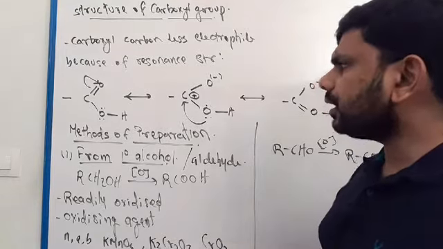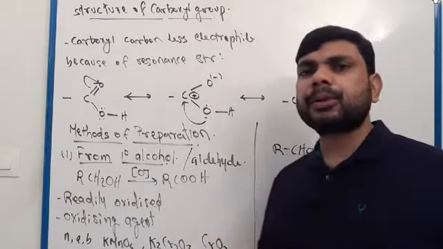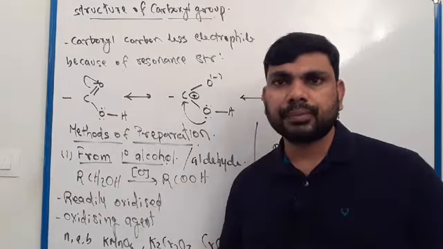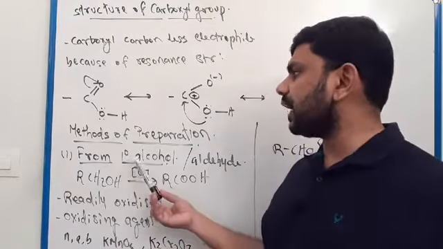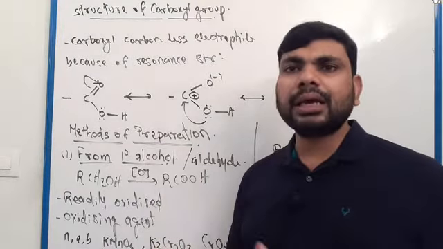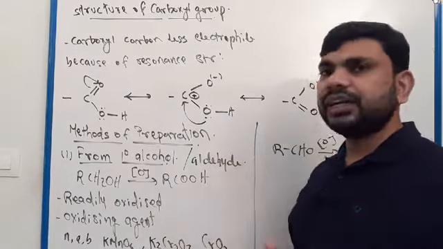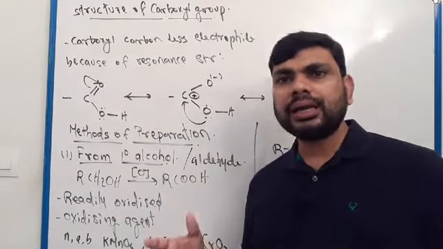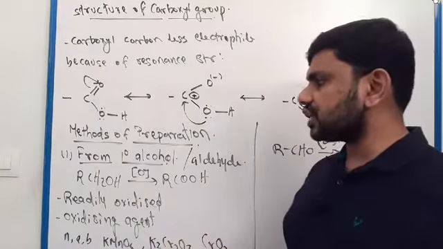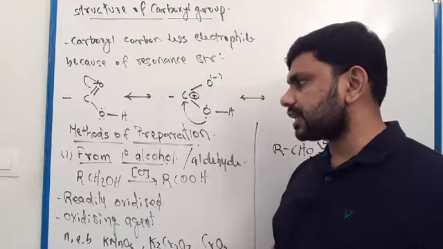Next, we have to understand the methods of preparation of carboxylic acid, the different methods to prepare carboxylic acid. First, we have to understand preparation from primary alcohol and aldehyde. Primary alcohol or aldehyde, after oxidation, will change to carboxylic acid.